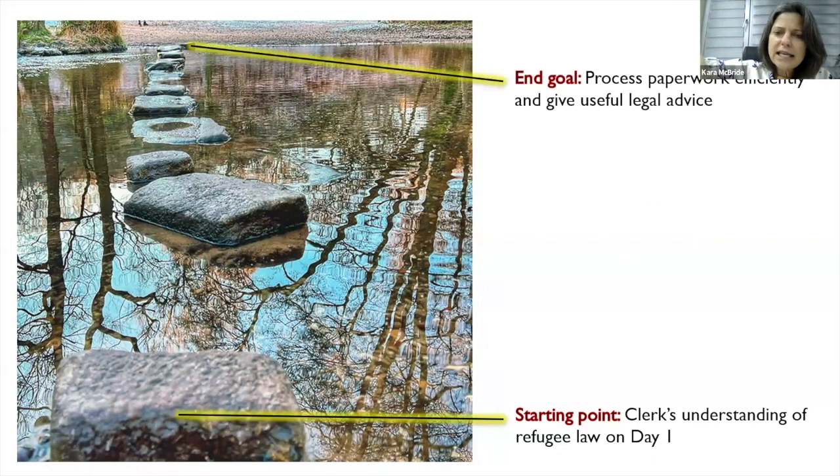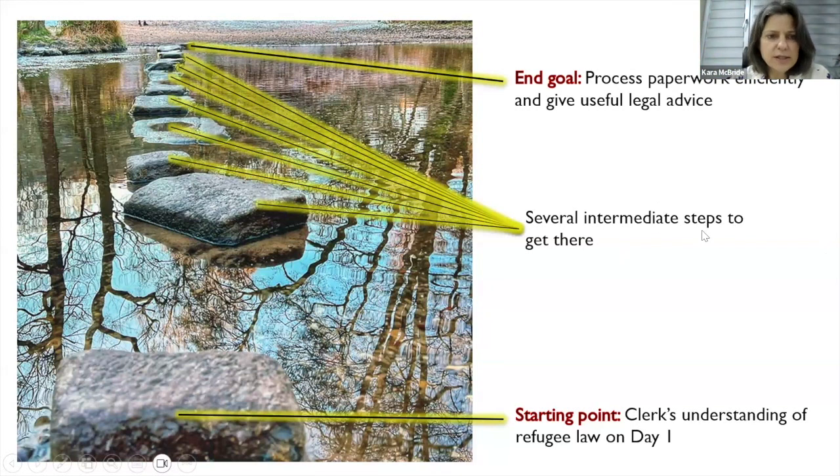I need to get them to be really efficient at the end of the training. So they can't leap across the river, and they can't just go from beginning to end in one step. You need to go step by step. So you really need to break down the learning into little pieces.